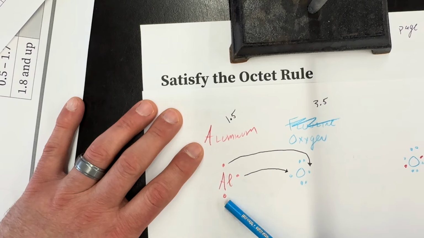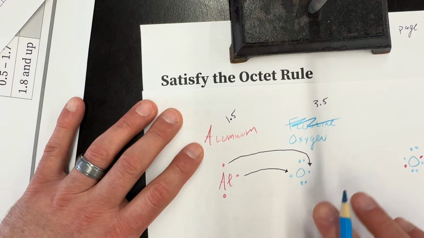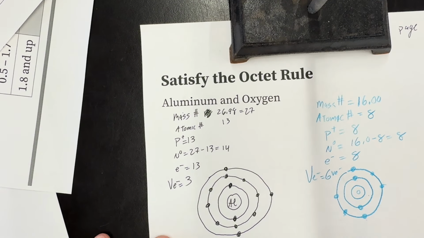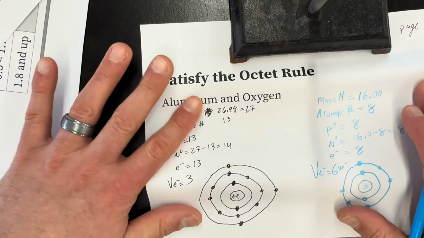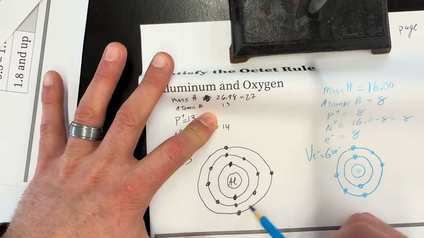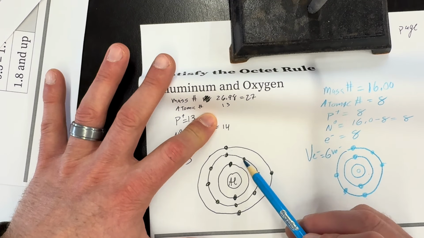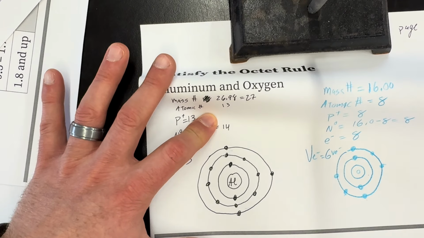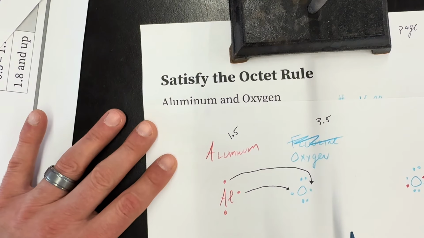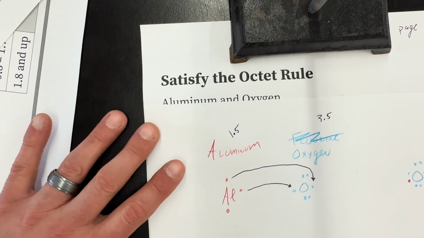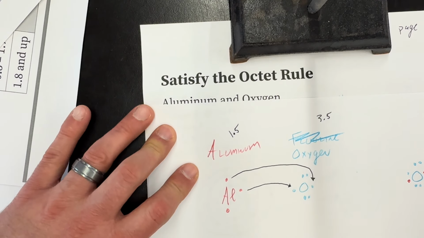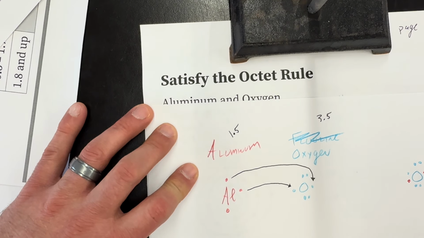But I also have 1 aluminum that has 1 electron, and we can't leave it like that. That's not okay. It wants to lose an electron, because what aluminum wants to do is go from 3 valence electrons to 8 valence electrons. And so what it's going to do is transfer an electron to a second oxygen atom.